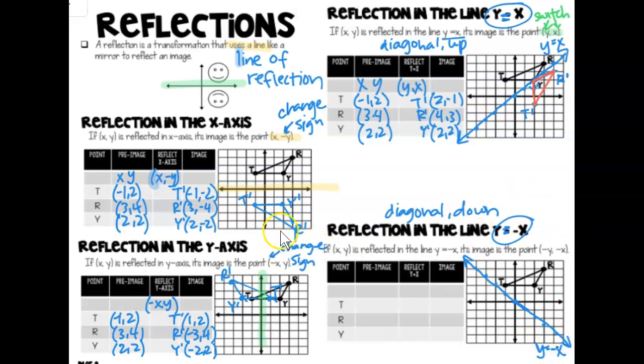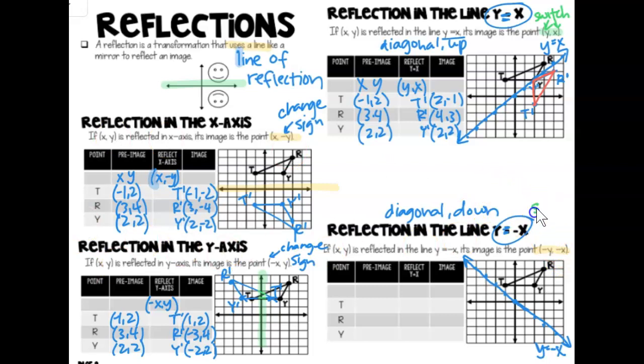Okay, so we happen to have a rule for this one. If (x, y) is reflected in the line y equals negative x, its image is the point (opposite of y, opposite of x). So this time I have two changes happening.